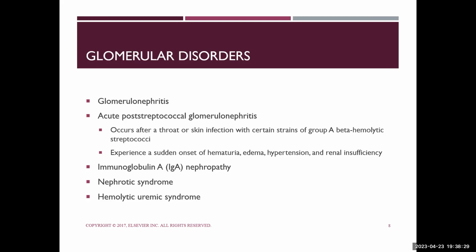IgA nephropathy, formerly called Berger's disease, occurs if your child makes abnormal IgA molecules that don't have the proper sugars attached to them. The body recognizes those rogue IgA molecules as foreign. It makes antibodies against those IgA molecules.